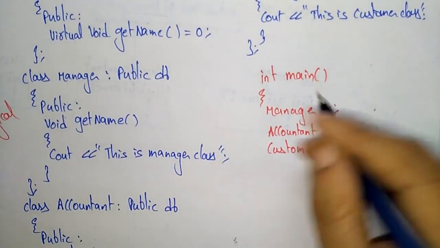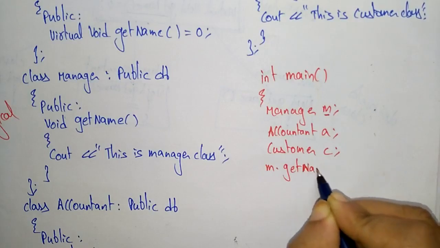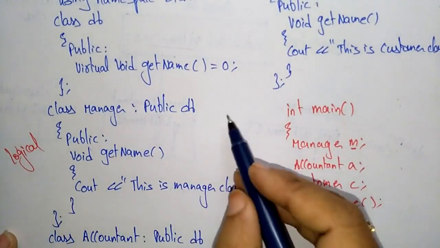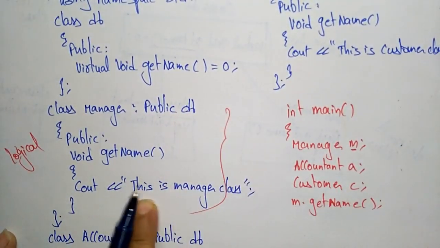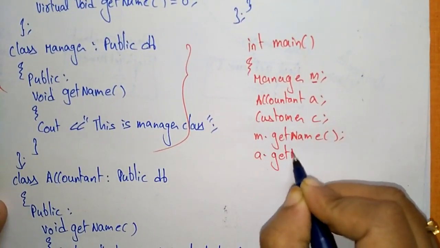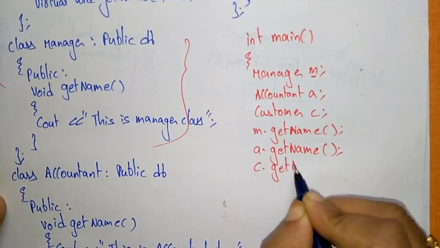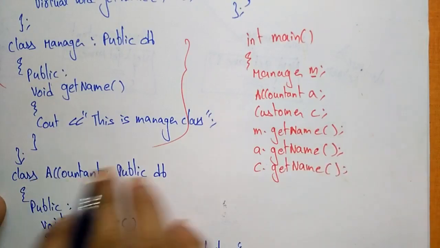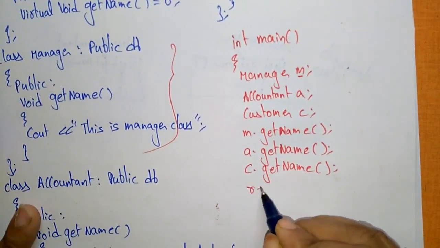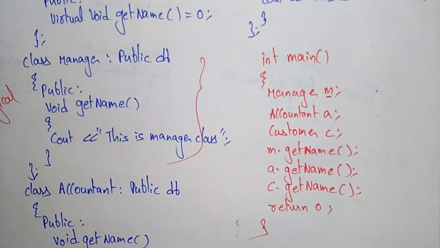Now with the help of the objects, you call those functions: m.getName, a.getName, and then c.getName. So it prints, this is manager class, this is accountant class, and this is customer class. Just return 0. Close the main. Is it clear?